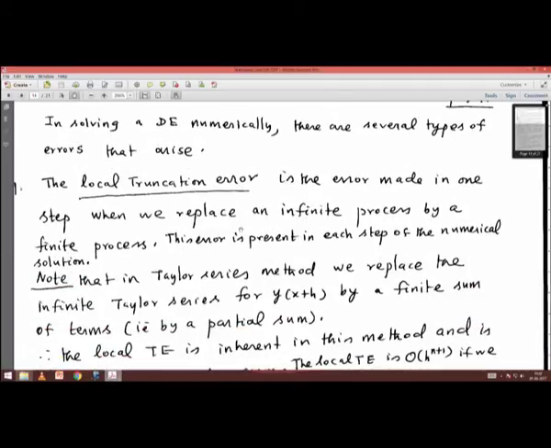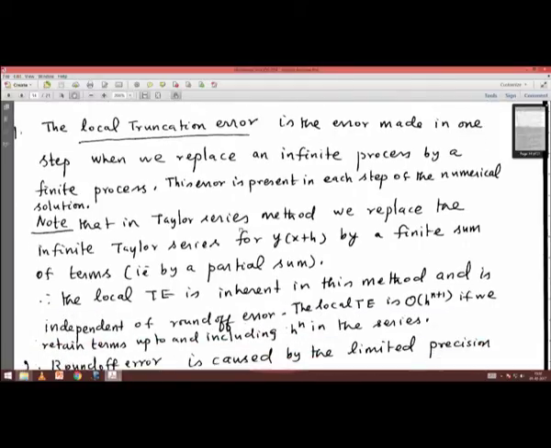We now have to see, is this the only error that we come across during our computations? No, we have different types of errors which we come across as we move on with the numerical solution of the initial value problem. The first type of error is what we have seen, namely the local truncation error.